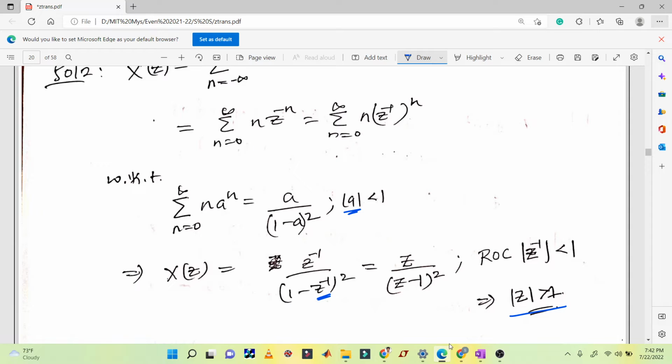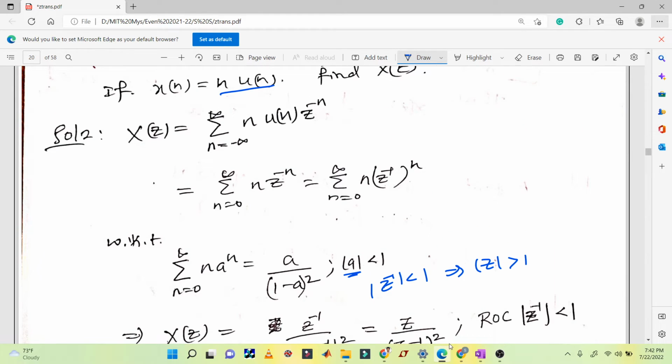Okay, z inverse is less than 1. This implies magnitude of z is greater than 1. So this one we have already studied. Go through the previous problems, you will get to know. Okay, it is repeated, that's why I am not going to solve this problem.